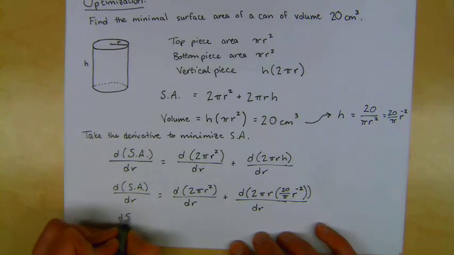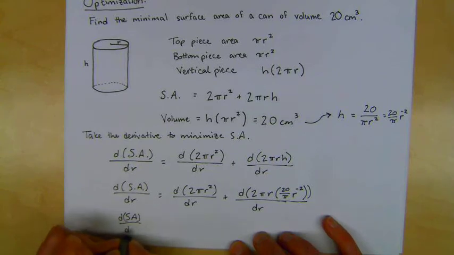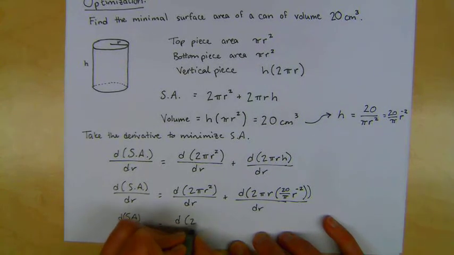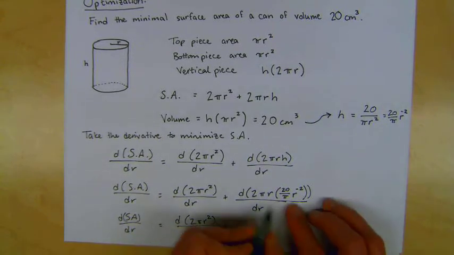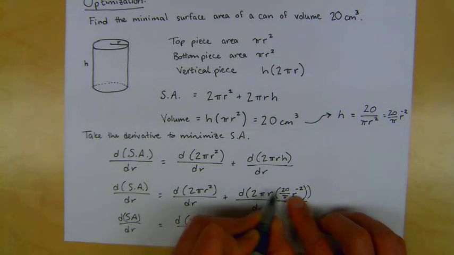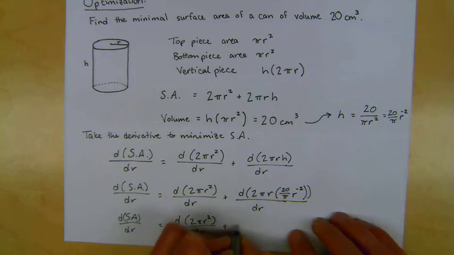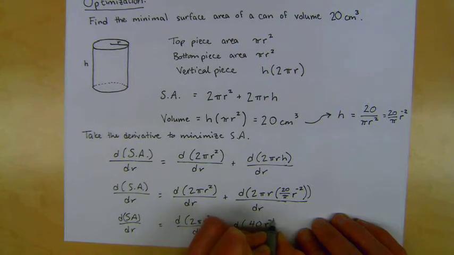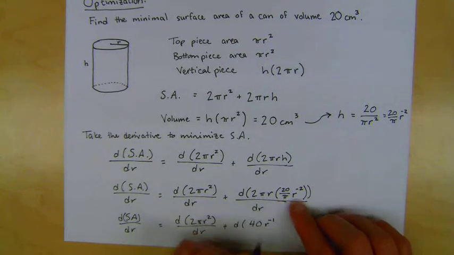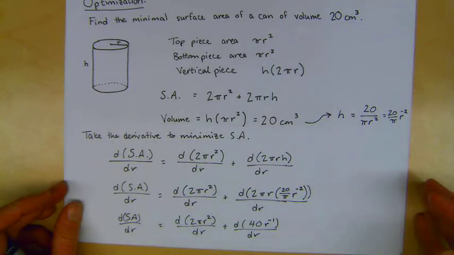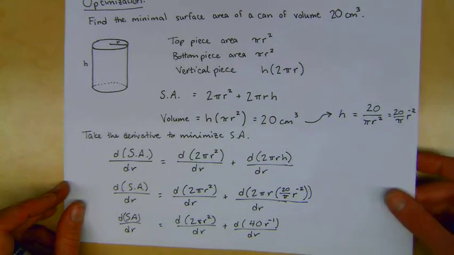I see that my final term, r squared dr: the pi's cancel each other, one of the r's cancels, and the 20 times 2 becomes 40. So I end up with 40 r to the negative 1 dr. Now that I've used the auxiliary equation, hooray!